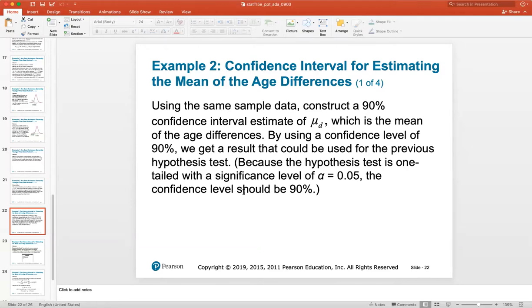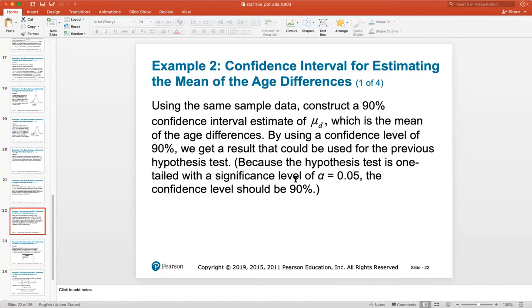Because the claim is that the mean is less than 0, so we had to use the left tail, one tail. But for confidence interval estimating, we consider a two-tailed test, right?